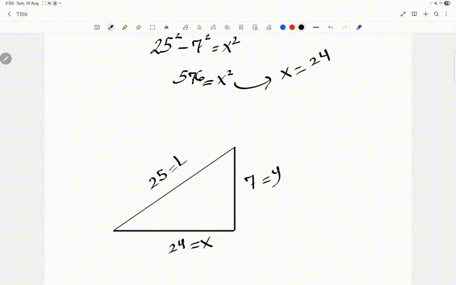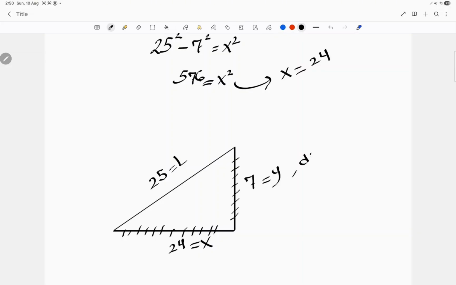Question: when the ladder slides down, does the length of it change? No, it stays the same length. But the height from the ground will change. And the distance from the wall will also change. Change means we can differentiate it.